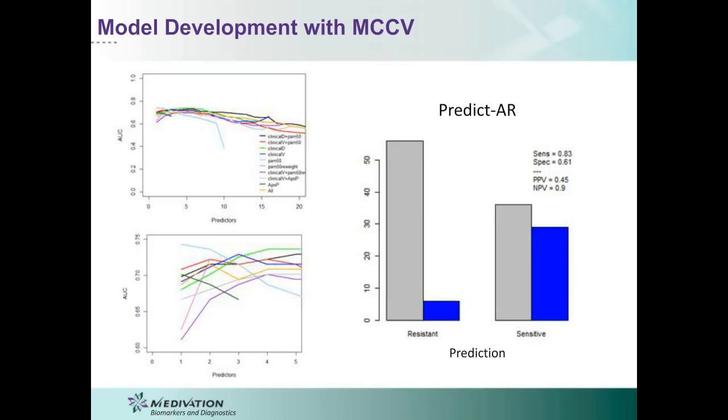Sensitivity, specificity, positive predictive value, and negative predictive value of this biomarker is shown at the top and this is estimated from the Monte Carlo cross-validation test sets. Importantly, the positive predictive value is 45%, meaning that 45% of patients predicted to be sensitive to the drug will actually be, while 90% of those patients in the NPV case that are not predicted to be sensitive would not benefit from the drug.